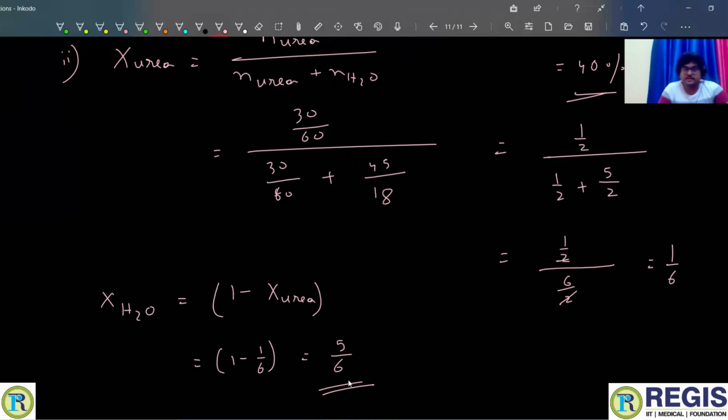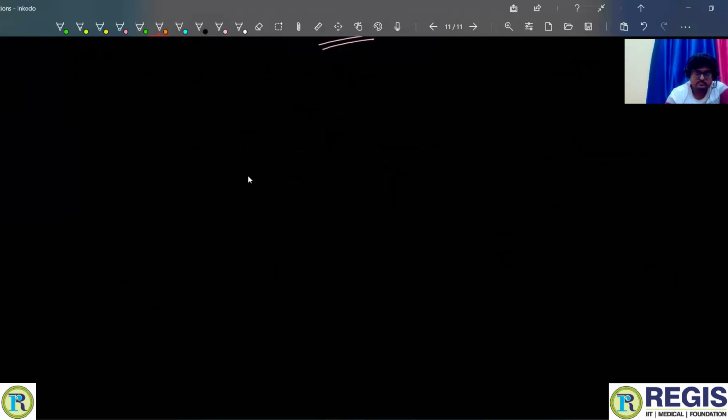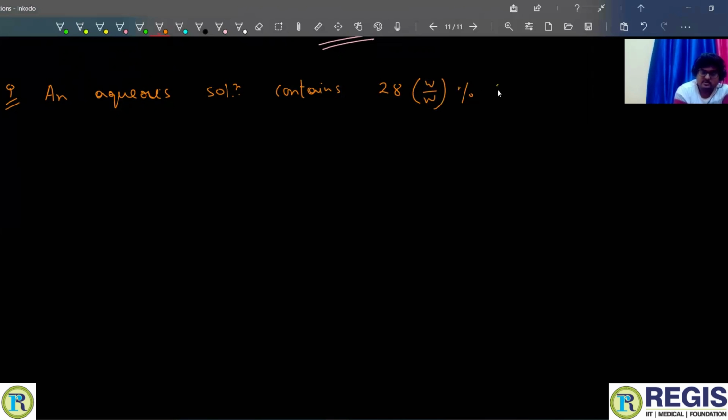Okay, moving to the next question. Question number 2: an aqueous solution which contains 28 weight by weight percent of KOH.